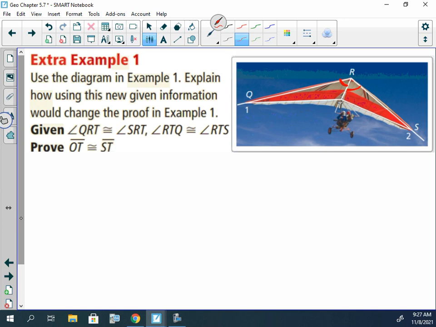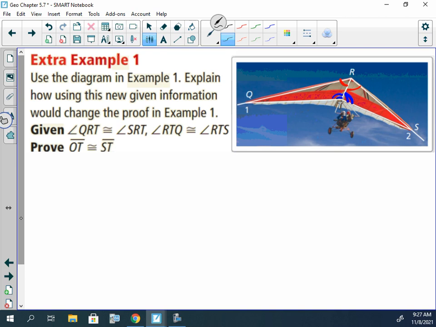We're also told angle RTQ is congruent to angle RTS. If blue shows up at all. Yep. That these two here are. Prove that QT is congruent to ST. So what we need to prove hasn't changed, but the rest has.